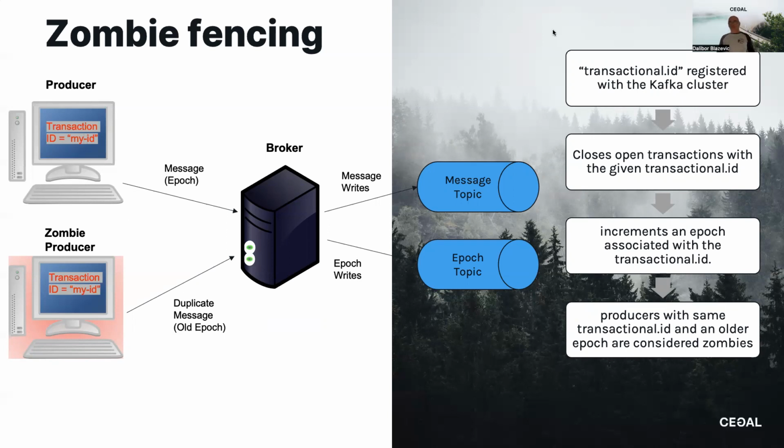Well, each producer, in addition to the transactional ID, is also sending an epoch. So with each message, an epoch is increased. And if another producer, let's call it a zombie, is sending the same package with the same transaction ID, but with an older epoch, this zombie producer is effectively fenced out.